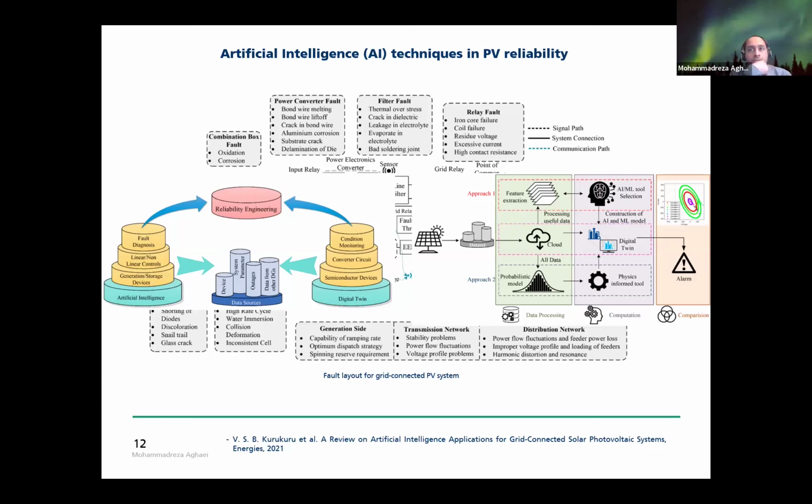This approach uses intelligence analysis with real-time data and gathers information about the system operating status, including decision making. So AI has a large contribution in applying the digital twin.